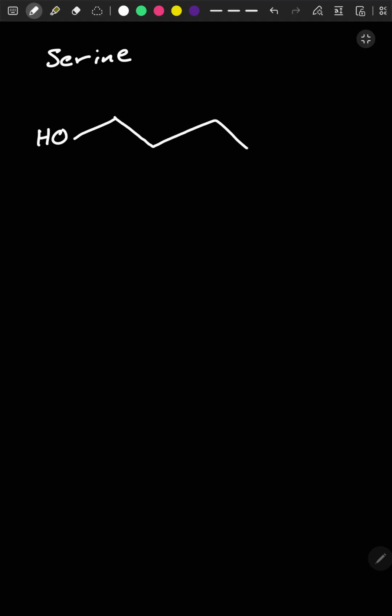So the molecule that I've gone with is serine, and that is drawn with an HO over here. Carbon, carbon, carbon, carbon, with a double bonded O and a single bonded NH2 group right here.